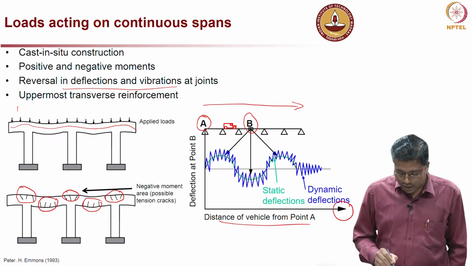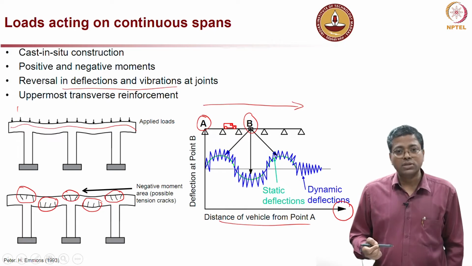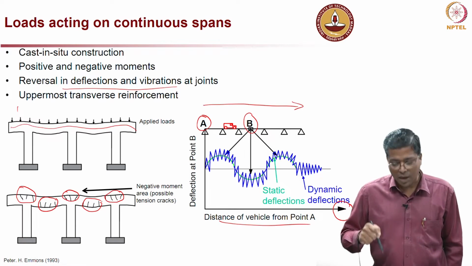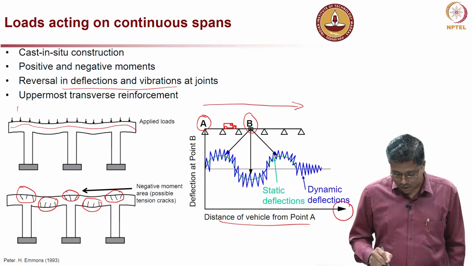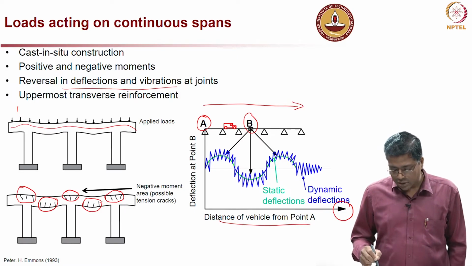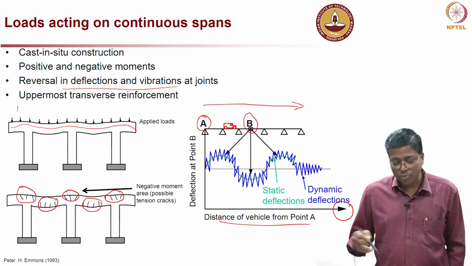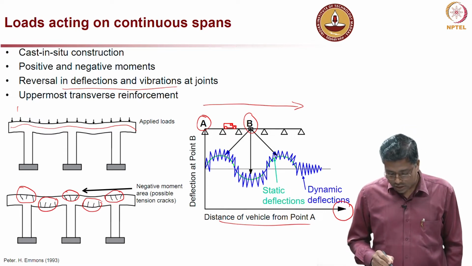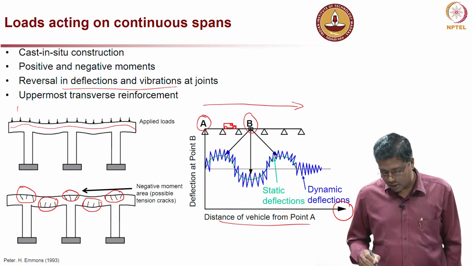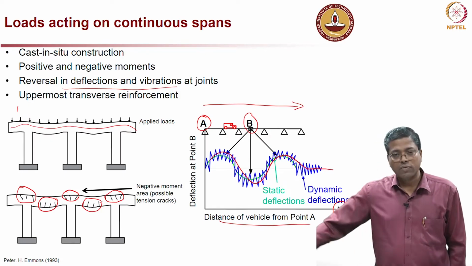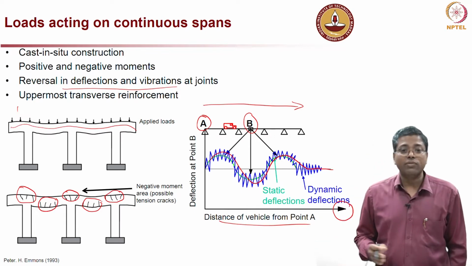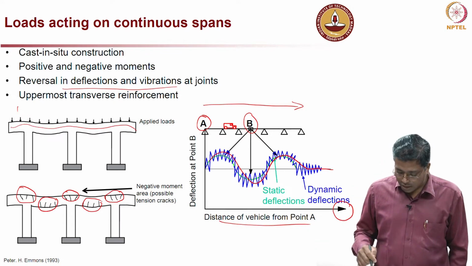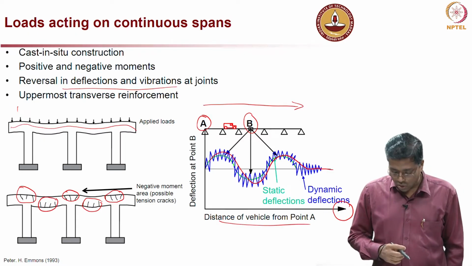So, you can see that the type of load which is experienced by the material at point B is different. Initially, let us say looking at the bottom fiber of the girder, it might be compression, then tension, and then compression, tension, compression, and then it fades away as the vehicle is very far away from point B, when there is not much load acting.